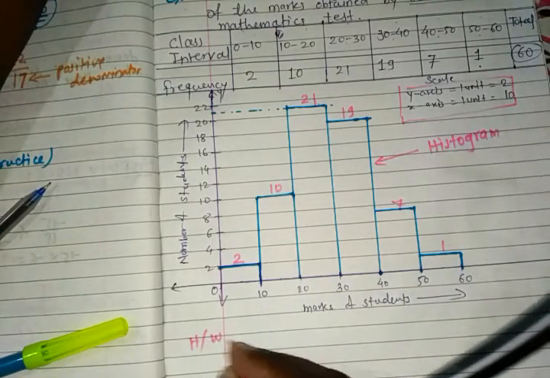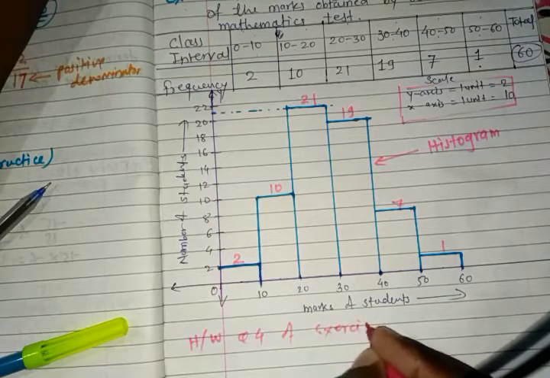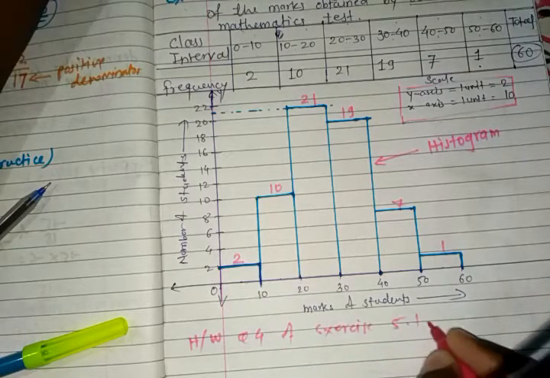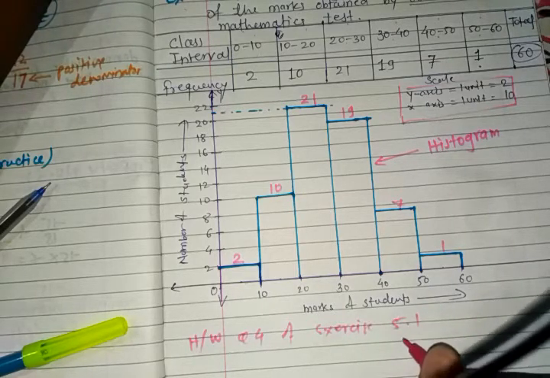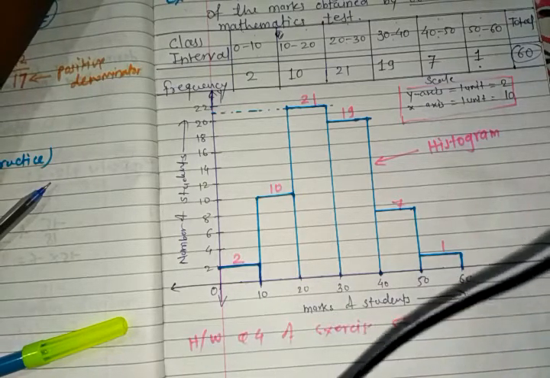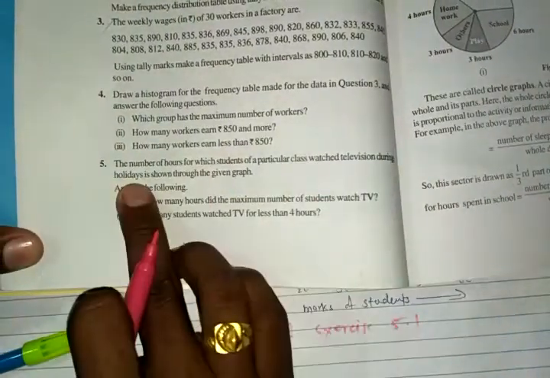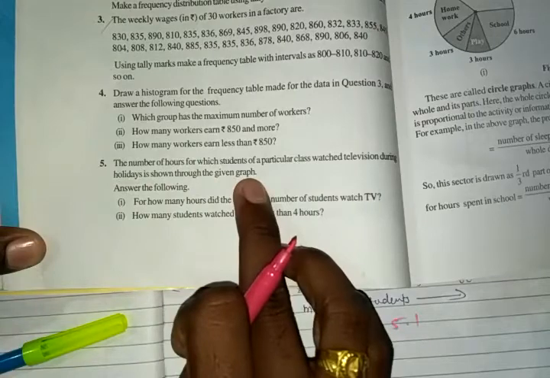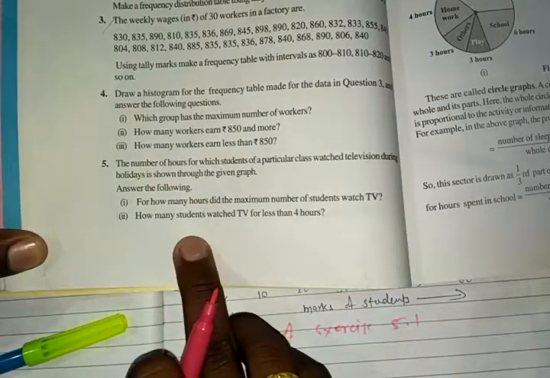Homework is question number 4 of exercise 5.1, right? In question number 5, the number of hours which students of a particular class watch television during the holidays is shown through the given graph. There are 3 questions only.